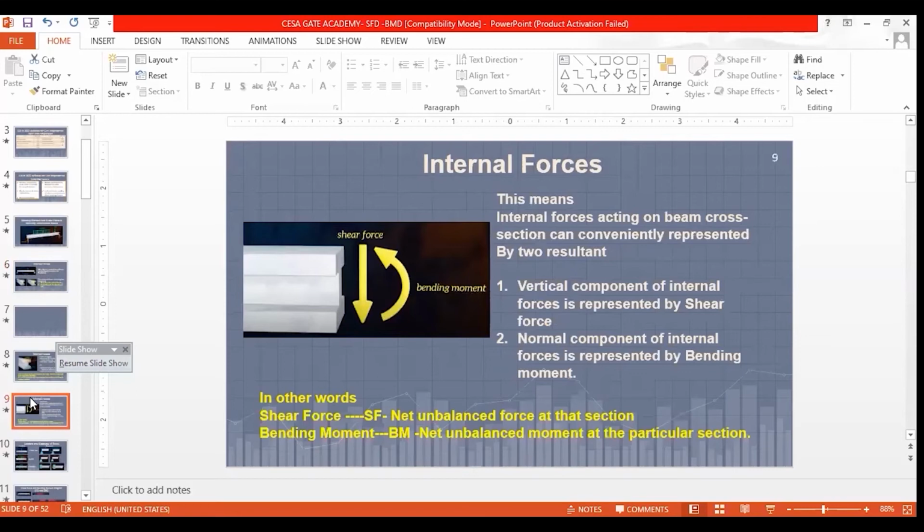This means the internal forces acting on the beam's cross section can conveniently be represented by two resultants. One, the vertical component of internal forces, is represented by shear force, and the normal component of internal forces is represented by bending moment. Because of the sagging moment, the upper portion gets shortened and the lower portion gets elongated.